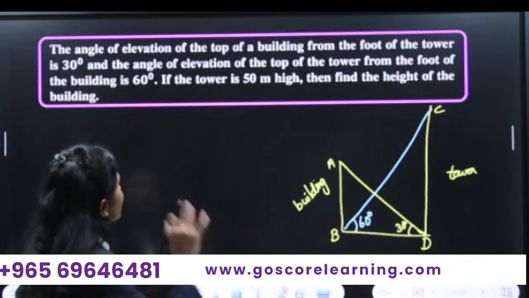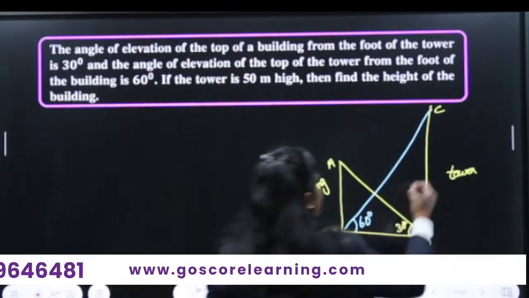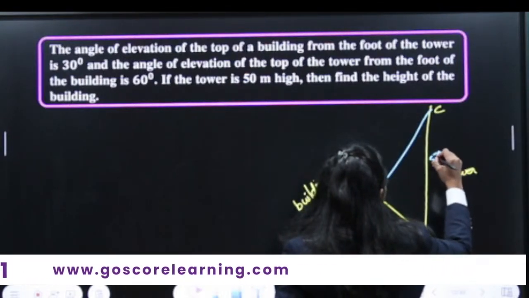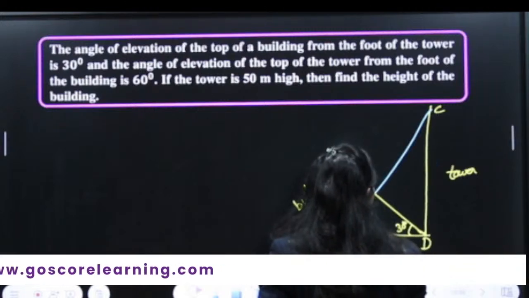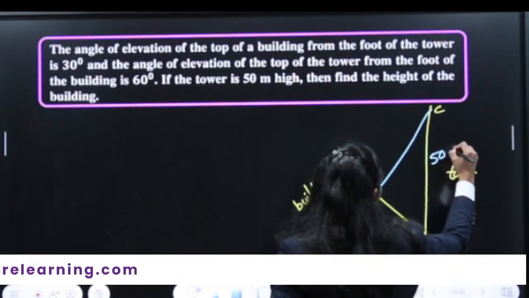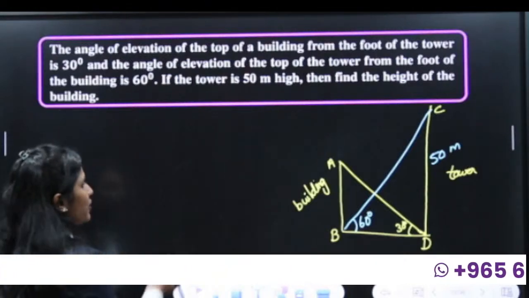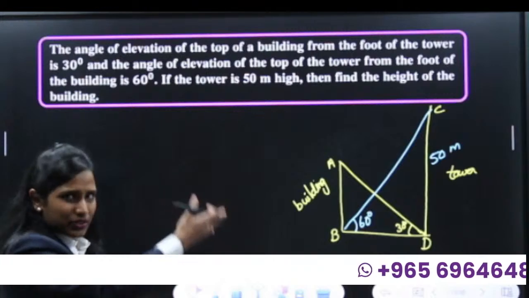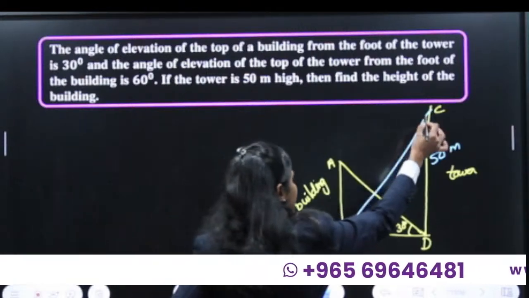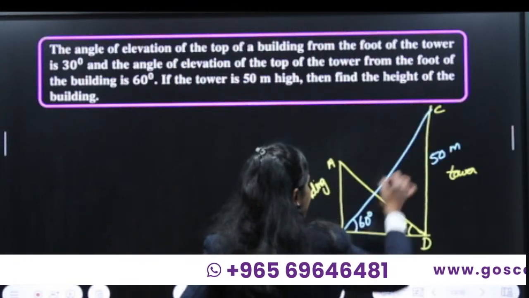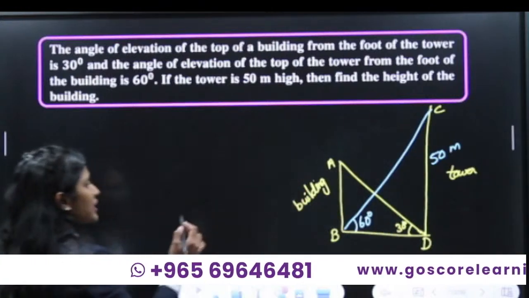Okay. If the tower is 50 meter high, so we have the height of the tower as 50 meter. Okay. Now, what we have is the height of the tower. So we will take the triangle including that height of that tower. Okay. We will take triangle CBD.